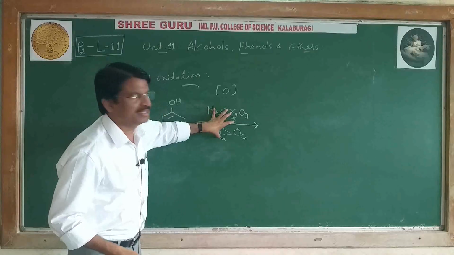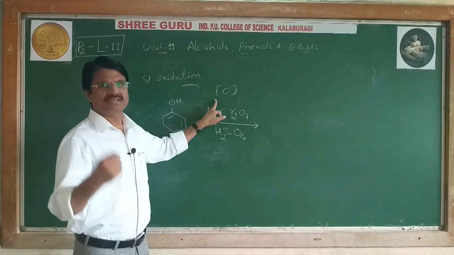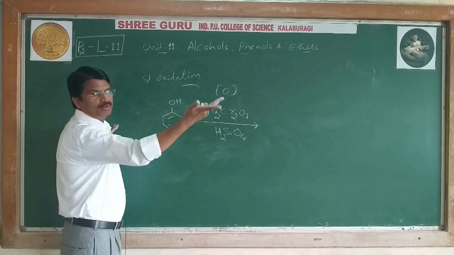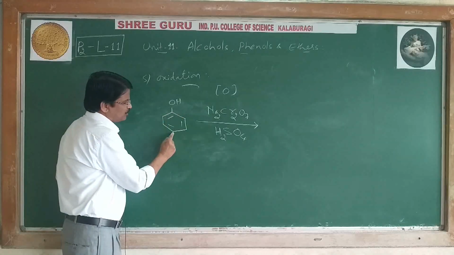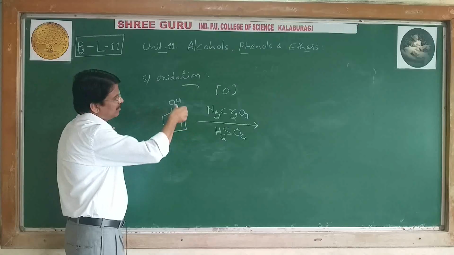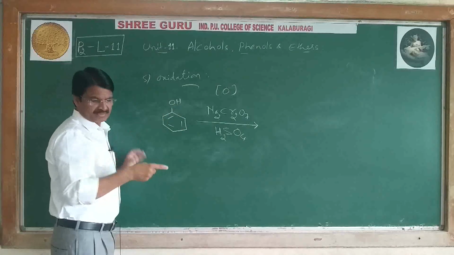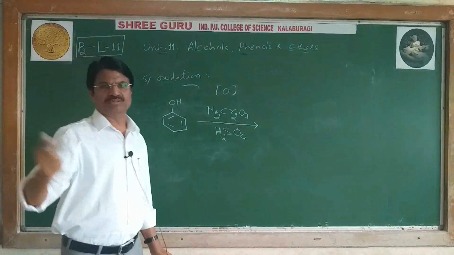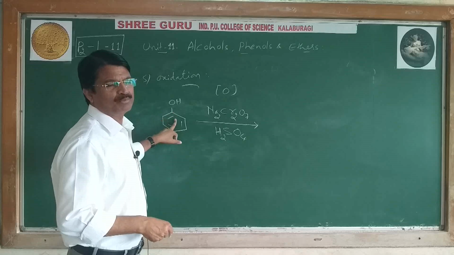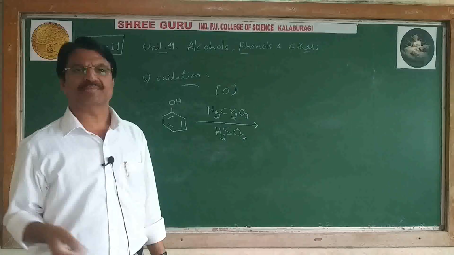They produce nascent oxygen, and this nascent oxygen is very active and can oxidize phenol into quinones. Para position H becomes OH, ortho H becomes OH, meaning orthoquinone, paraquinone. The aromatic compound is changed into a diketone, a conjugated diketone.